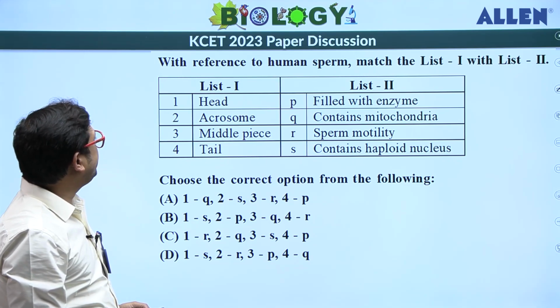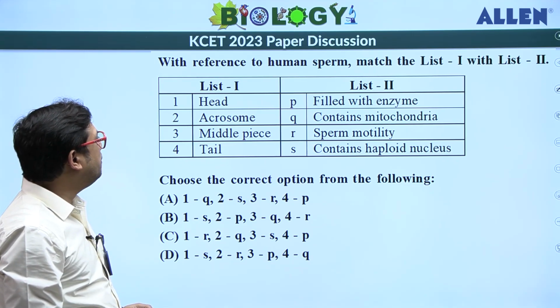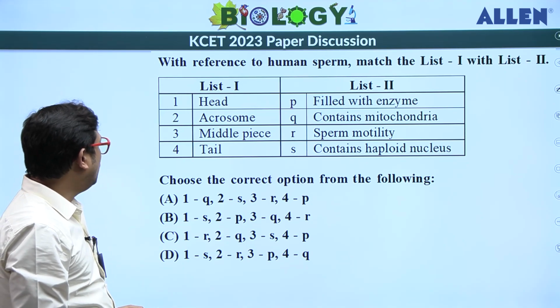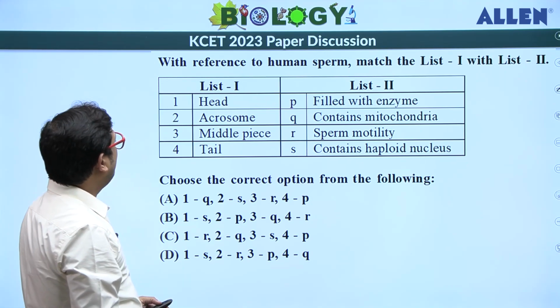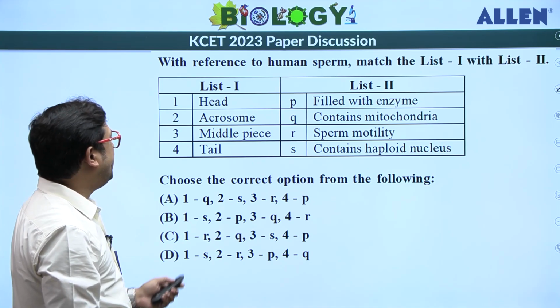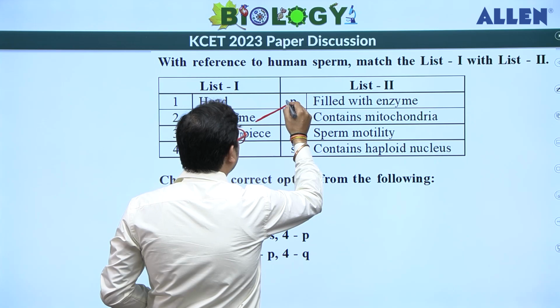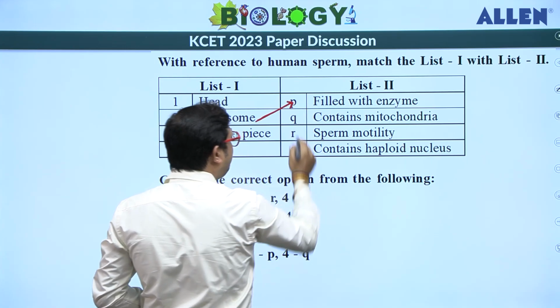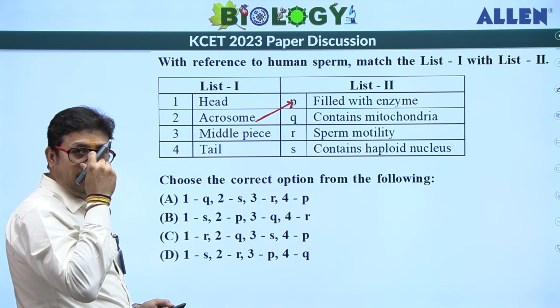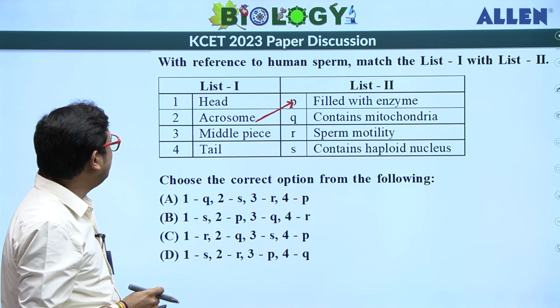Next, with reference to human sperm, match the column. Acrosome is filled with enzymes, as we know. It is a modification of Golgi that contains all sorts of enzymes that help in breaking the wall of the egg at the time of fertilization.